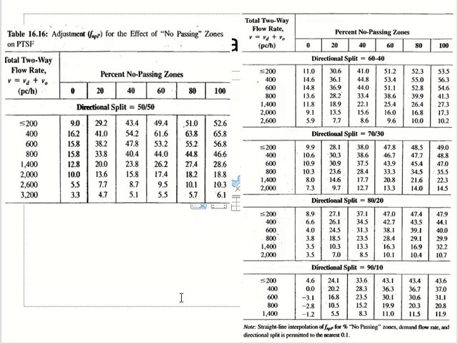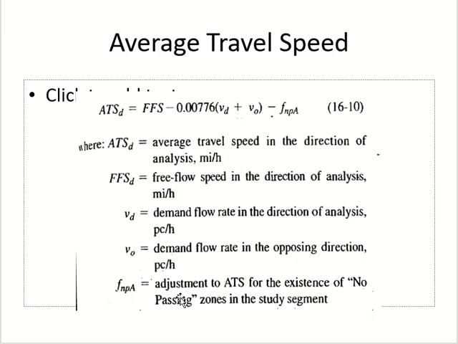If you have class 1 or class 3, then you have to calculate average travel speed, ATS. If you have class 1, you need average travel speed direct. If you have class 3, then from ATS you will calculate percent free flow speed, PFFS. So we calculate ATS upon FFS, but you need ATS in the end for class 1 and class 3.